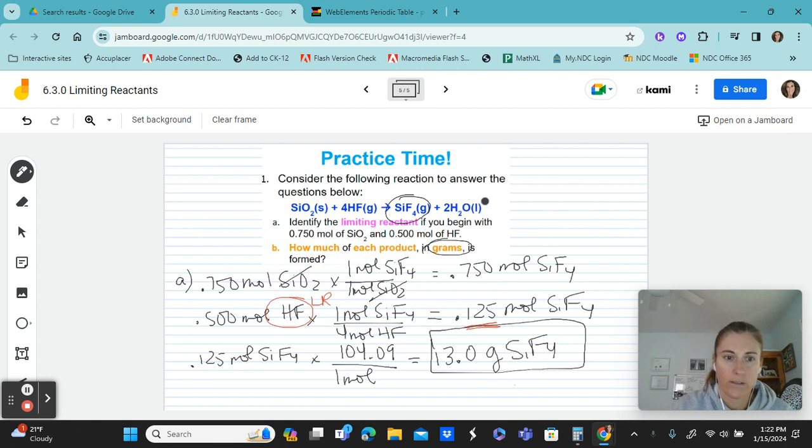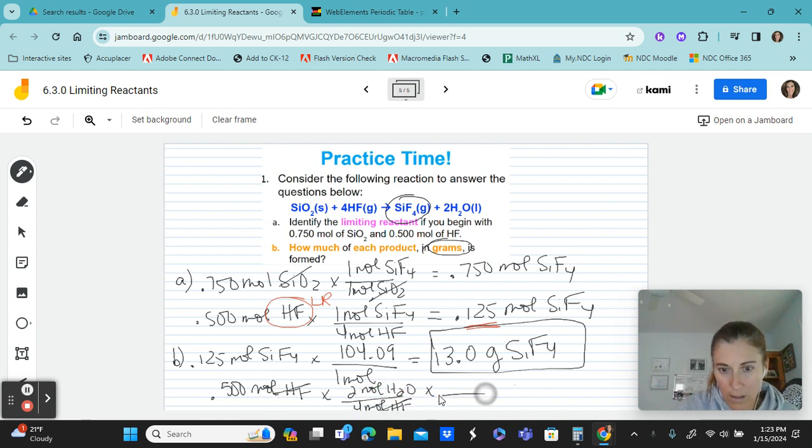All right, I need to solve for water still. Now remember, I figured out HF was my limiting reactant, so I'm going to start with HF. And this time I'm going to grams of water. So I'll do my molar mass. This is a mole to mole, so that will cancel out. And then 1 mole of water weighs 18.02 grams of water.